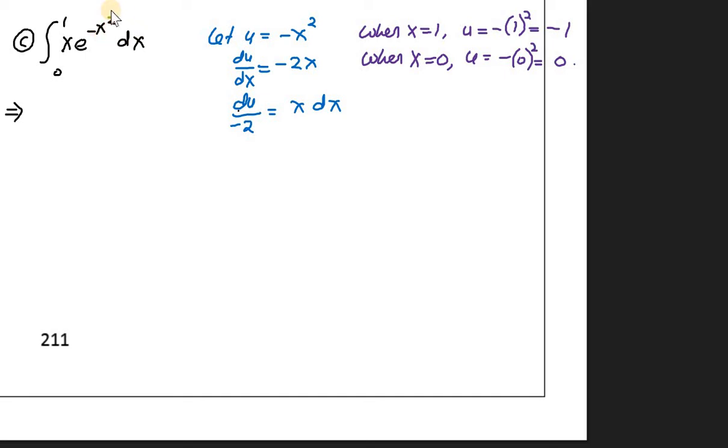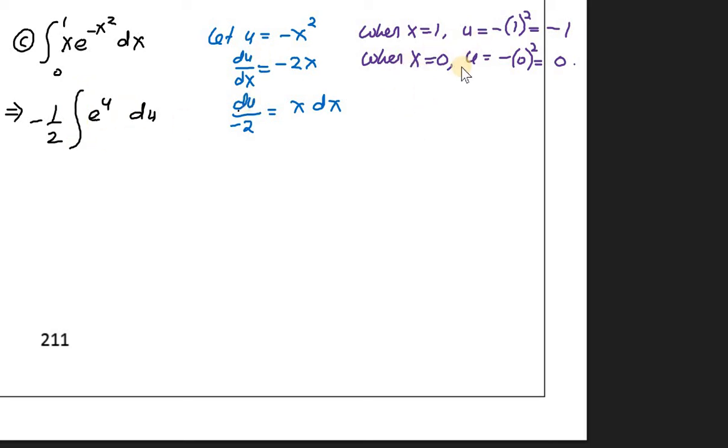So we set this thing to be u because I want the answer later on to be e power u. So we need to replace x dx with du over 2. Let's put the 2 outside, negative, right? We need to change the boundary as well.